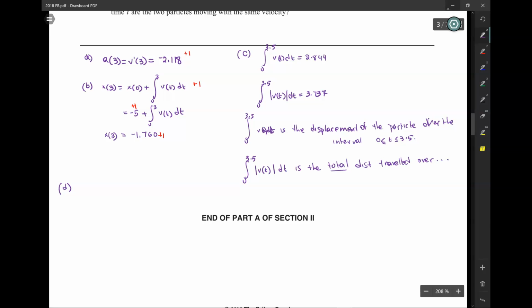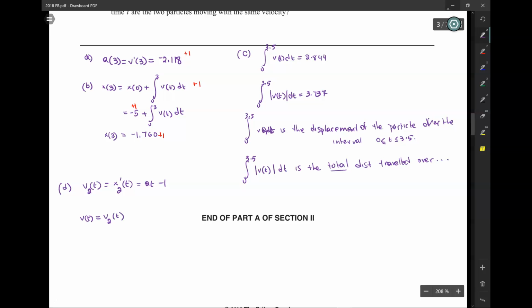So what you're going to do is v2 of t is equal to x2 prime of t, right? And that is 2t minus 1. And then you say v of t is equal to v2 of t.